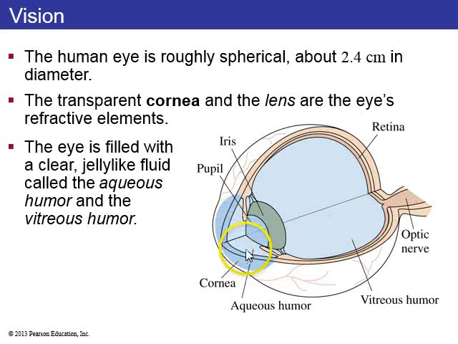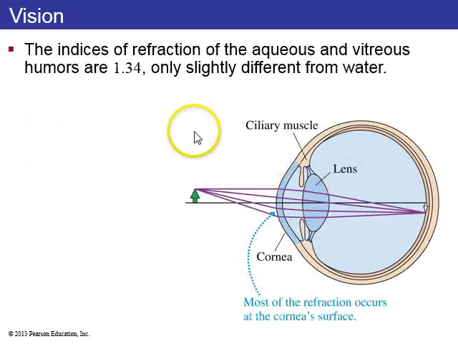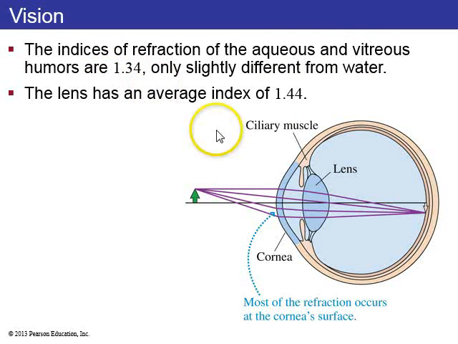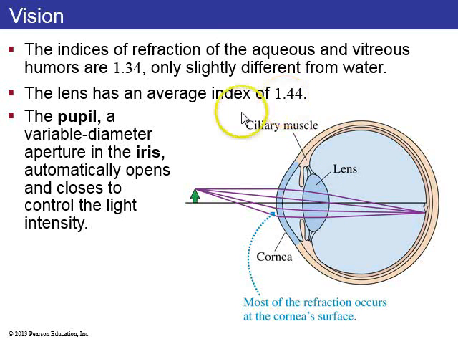And the eyeball is filled with liquid, or a jelly-like fluid, called the aqueous humor in front of the lens and the vitreous humor here behind the lens. And the index of refraction of the aqueous and vitreous humor is about 1.34. It's similar to water. And the index of refraction of the lens is a little higher, 1.44.